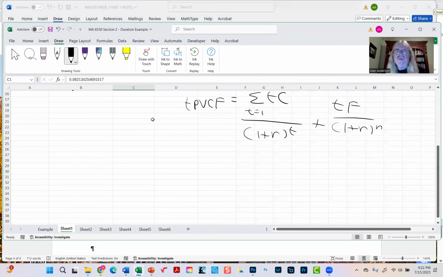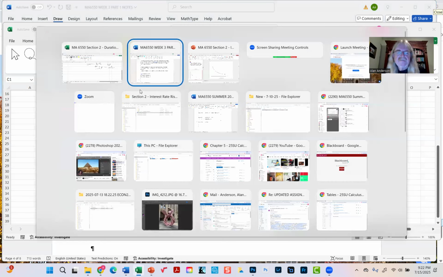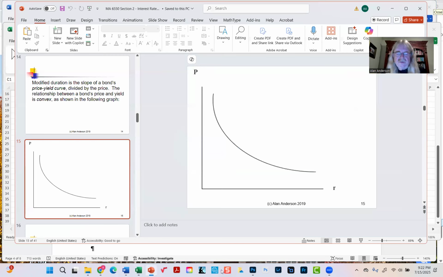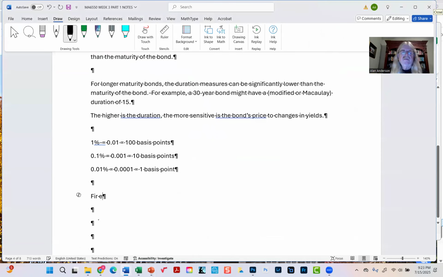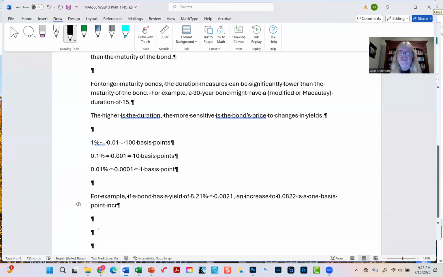So if the original yield was 8.21%, or 0.0821, an increase to 0.0822 is a 1 basis point increase.